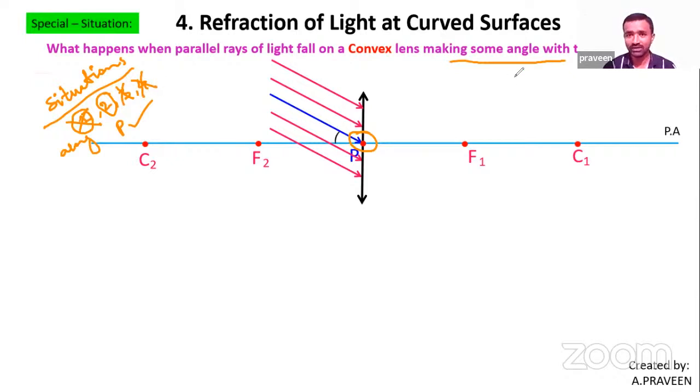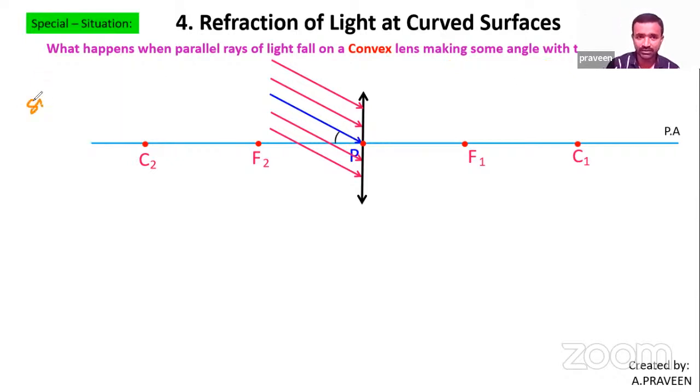So now simply I am depending on situation number 2. So what is situation number 2? Passing through optic center, pole.